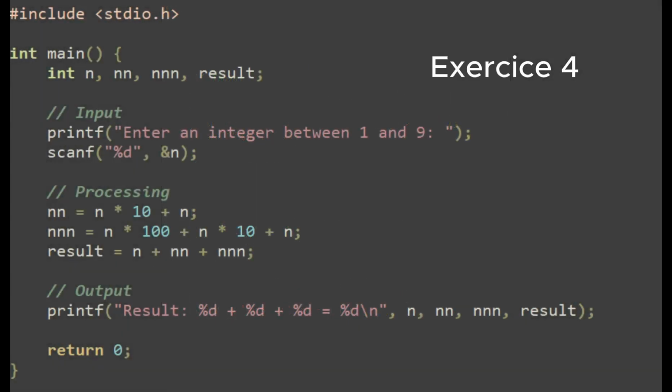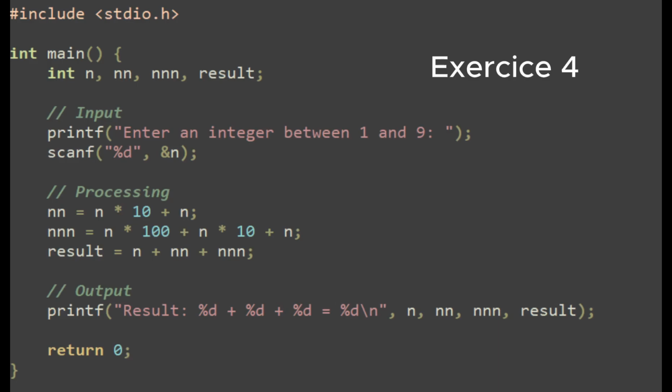Exercise 4. Digit repetition expression. Objective: calculate the value of n plus nn plus nnn for a given single-digit integer. 1. Problem analysis. Inputs: integer n between 1 and 9. Processing: construct nn equals n times 10 plus n. Construct nnn equals n times 100 plus n times 10 plus n. Total. Result equals n plus nn plus nnn.